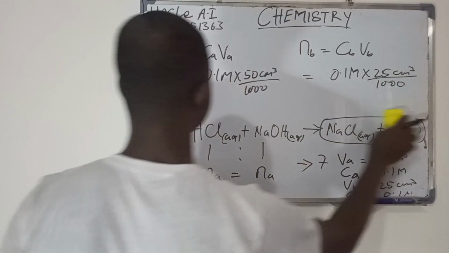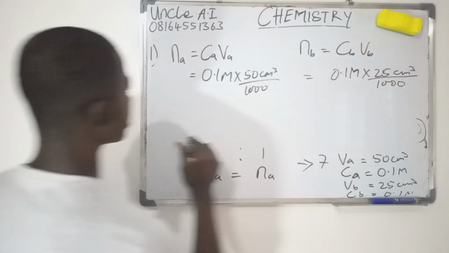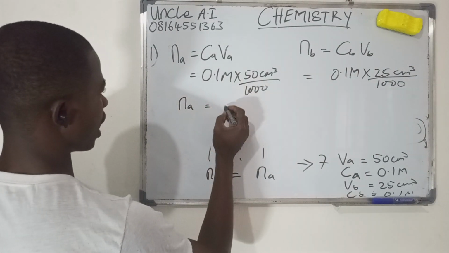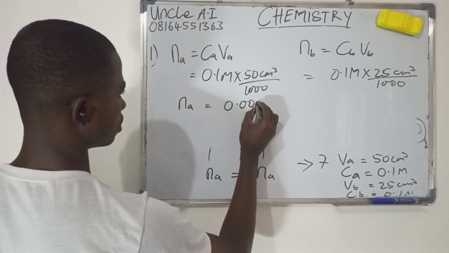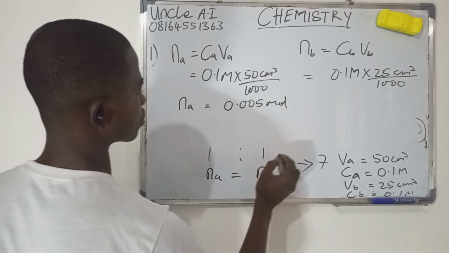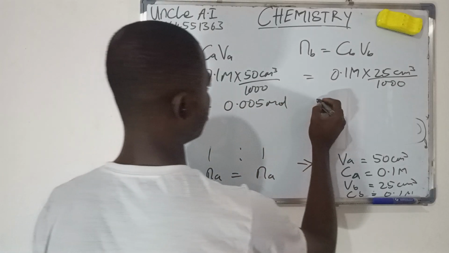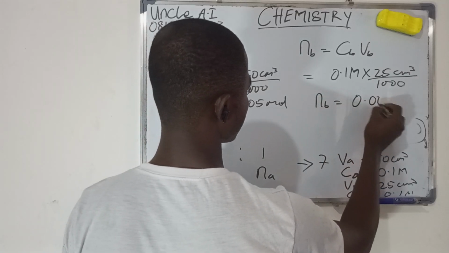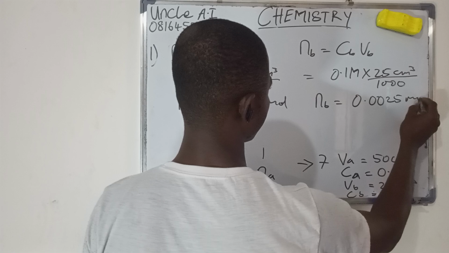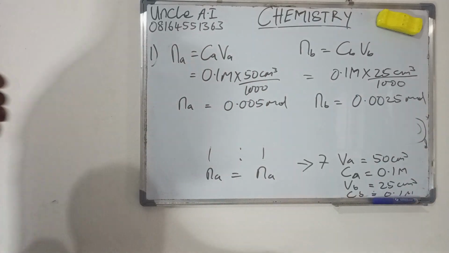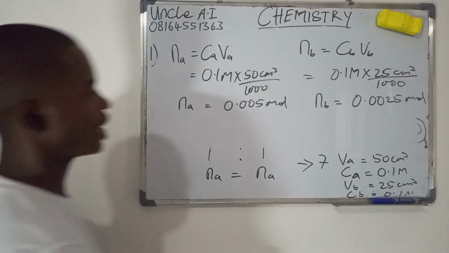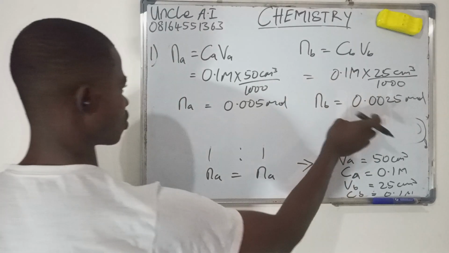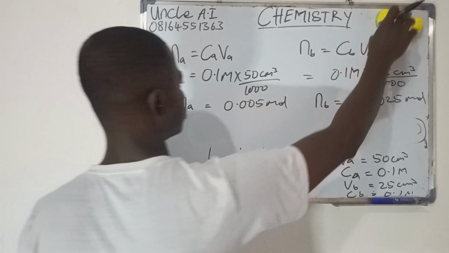Now, at this point, when you calculate the amount of acid, you have 0.005 moles. The amount of base, you have 0.0025 moles. Now, to check which of these is in excess, this one is smaller, we subtract it from the bigger one.